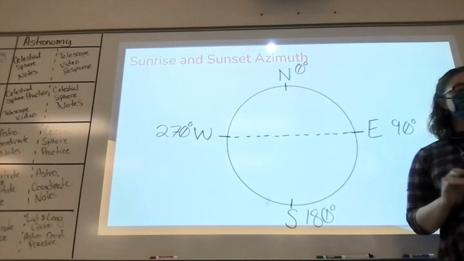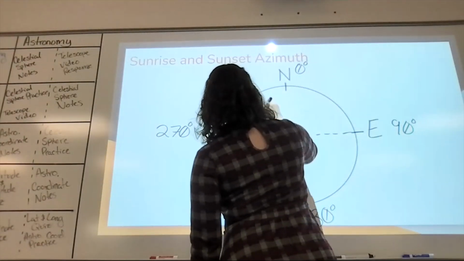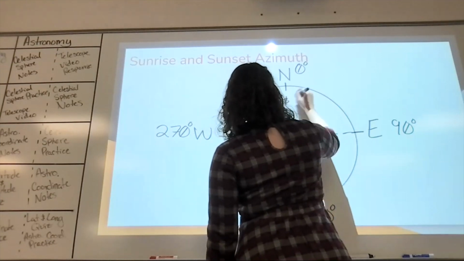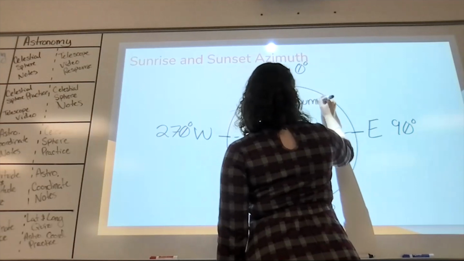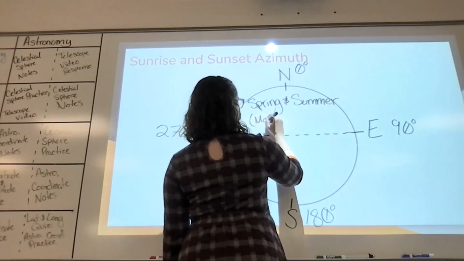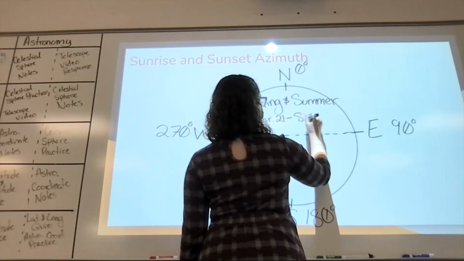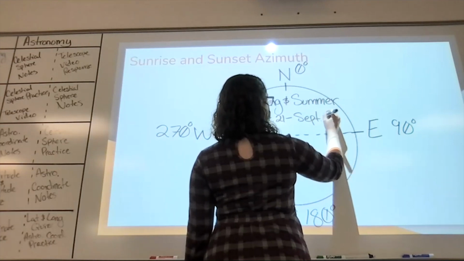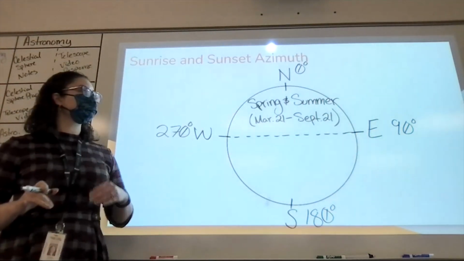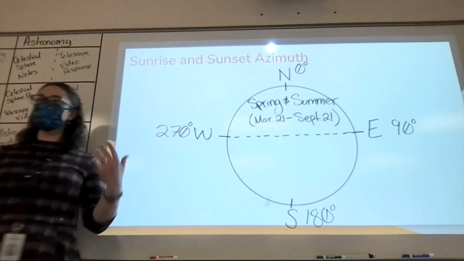And at the top, I'm going to write spring and summer, roughly March 21st to September 21st. Because we know that the sun is going to rise and set to the north of east and west in the spring and summer.